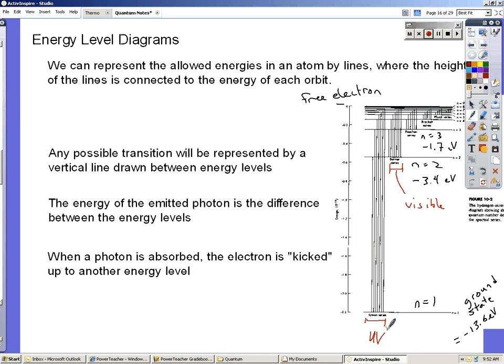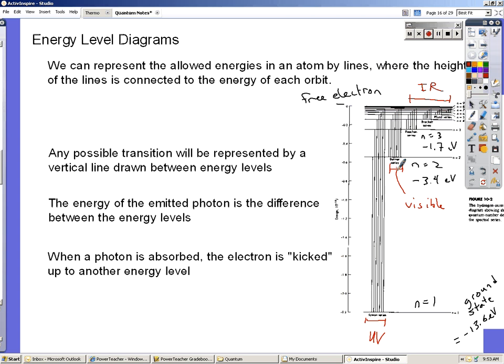For an energy to jump from any of these energy levels all the way down to here, it's got to give up a lot of energy, and that means a very high frequency photon. And then all of the transitions in here are infrared. There are very small gaps between those energy levels, and that means that the photon energies are very small, which means they're infrared, you can't see them. So the ones you can see are the transitions to n equals 2.